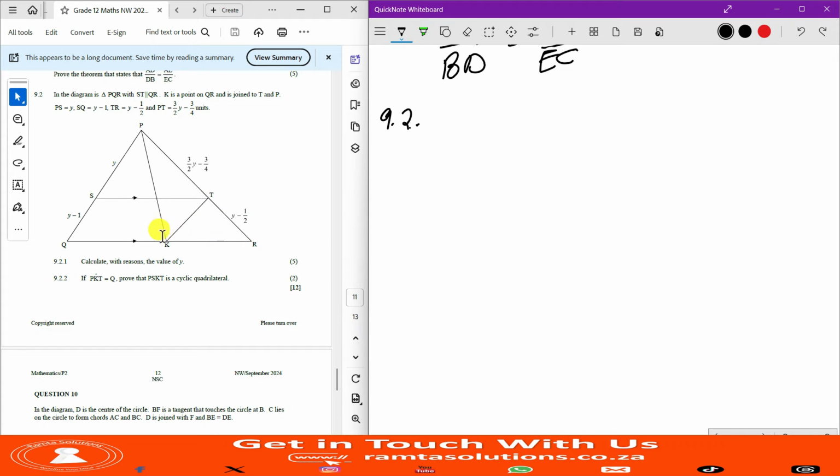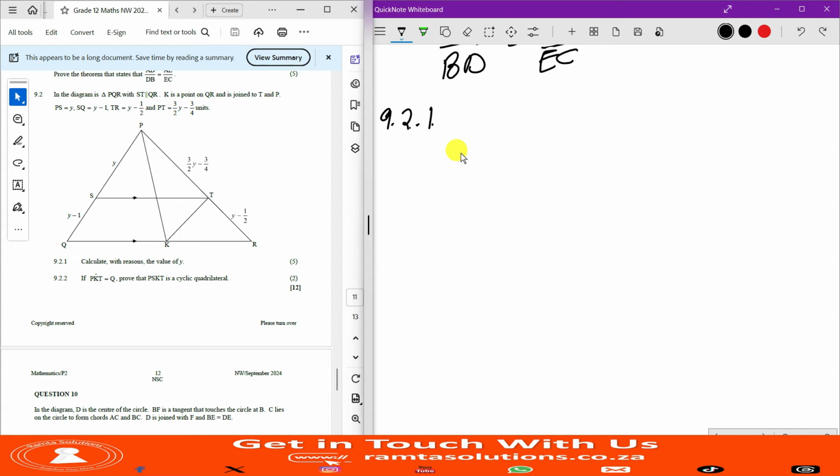K is a point on QR and is joined to T and P. PS is equal to y, SQ is equal to y minus 1. TR is equal to y minus half, and PT is equal to 3y over 2 minus 3 over 4 units.